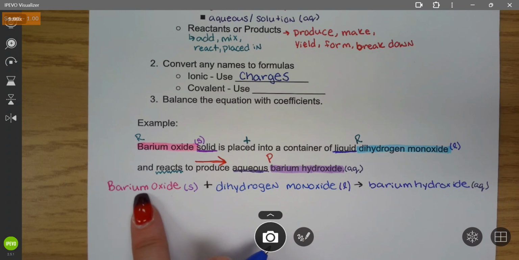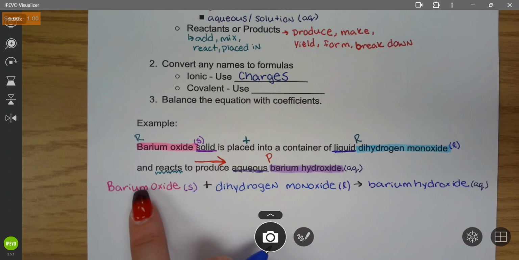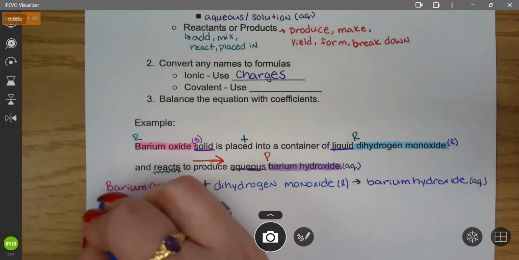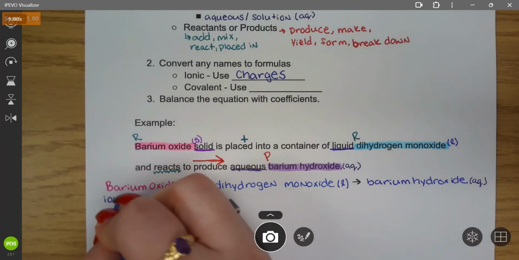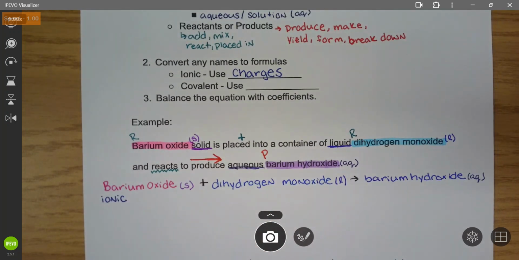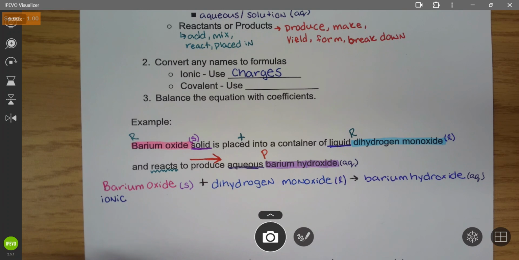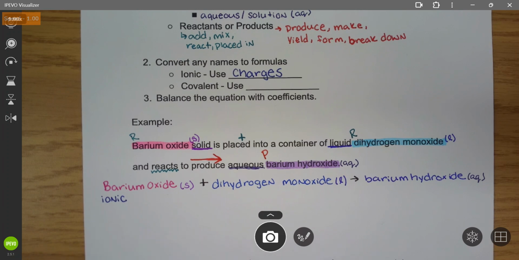There's no di, no tri, none of that. This is an ionic compound, meaning we need the charges for both barium and oxide. So we'll do that in a minute.